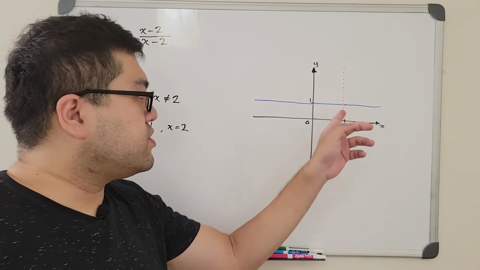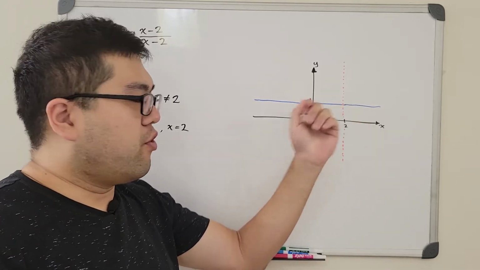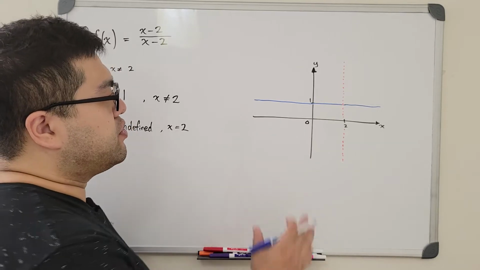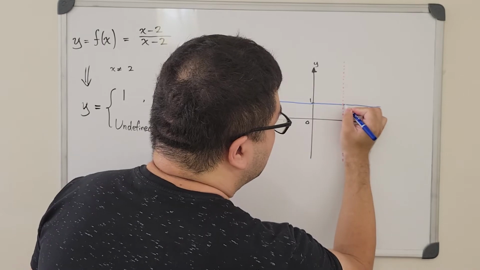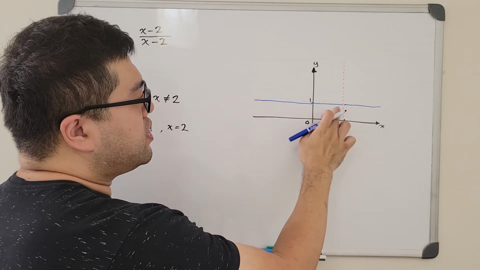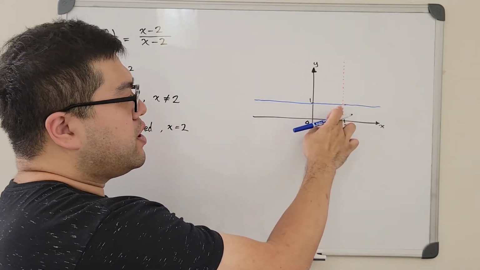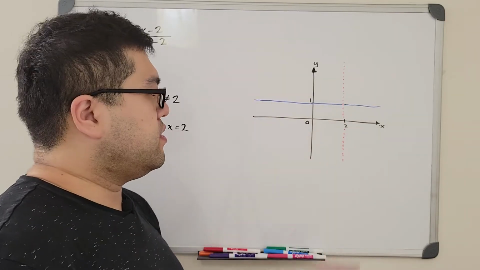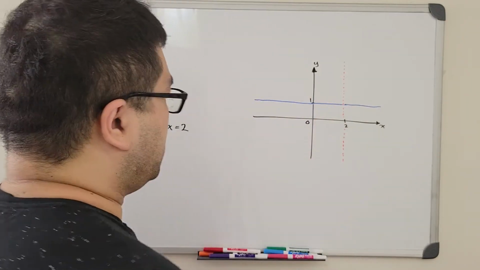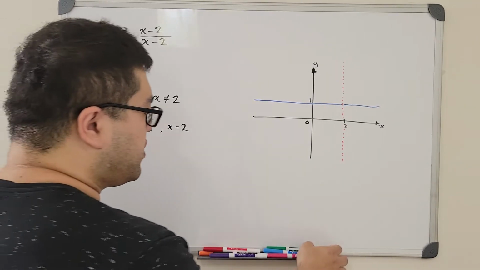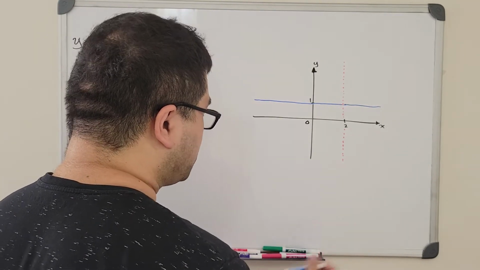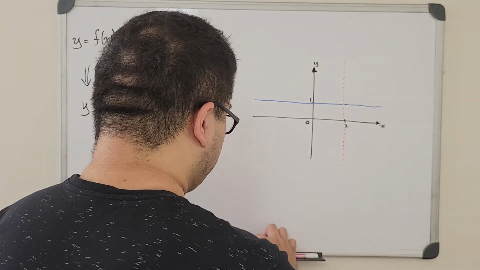No. If you can zoom in or make your screen larger, you can see that there's still gaps between the blue end point and the vertical line on x equals 2. So how do we graph it? Graph the function mathematically.